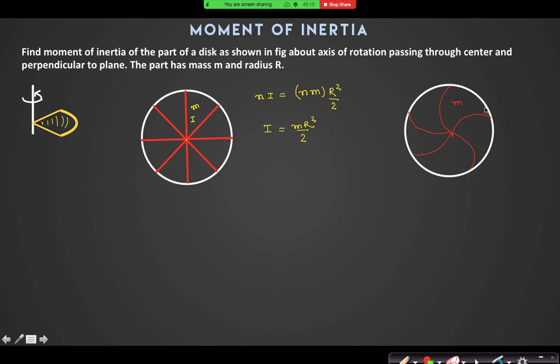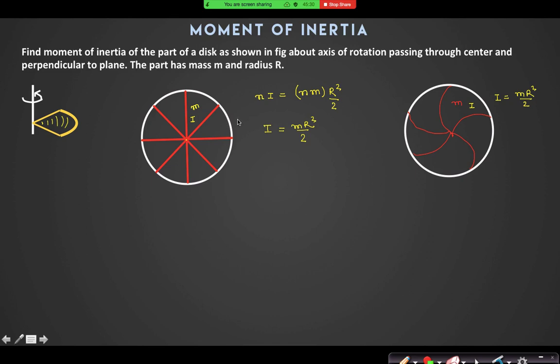Now can you tell me the moment of inertia of each segment? Sir, mr square by 2. Same. The same moment of inertia you will get, mr square by 2. Why? Look, because the same concept is applicable here also.